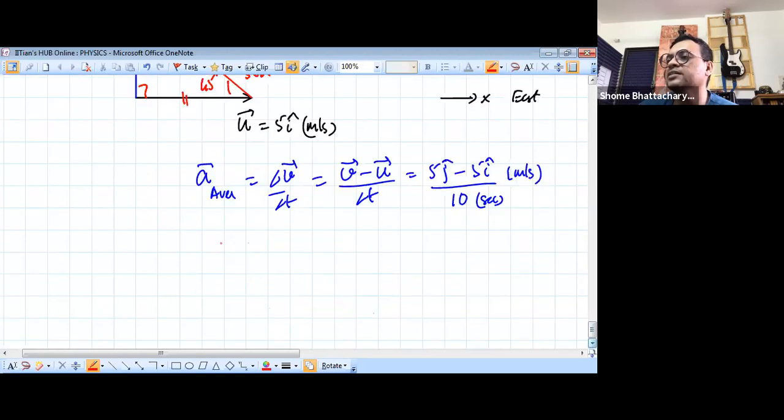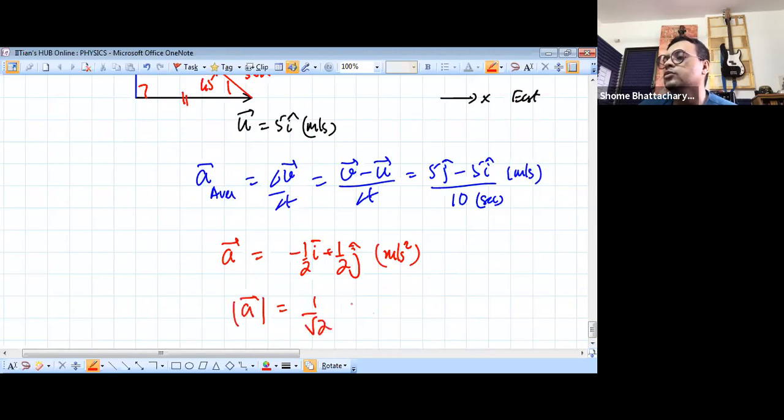So this average acceleration, which is minus 1 by 2 i cap plus 1 by 2 j cap in meters per second square, is of magnitude 1 by root 2 in meters per second square, and direction, you can see, is northwest.